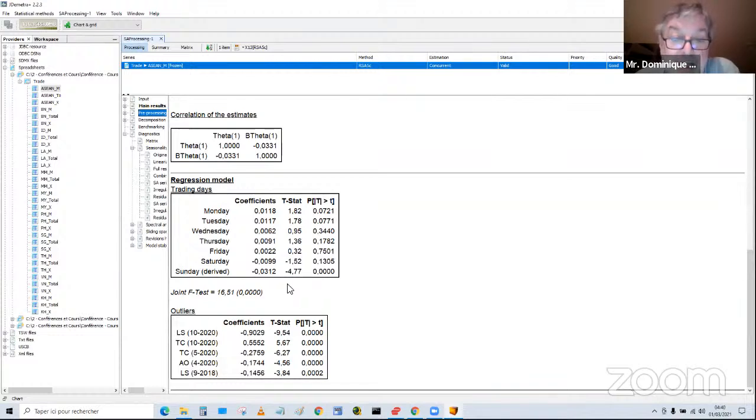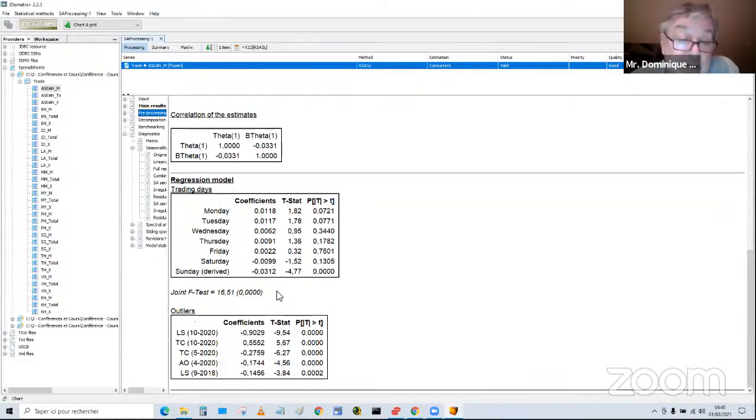So you cannot remove Monday or Tuesday because your calendar effect is the effect of a complete set of days, okay? If one is significant, you should take everything. You cannot remove it. And you can see that you have here a joint test, which is significant itself. And this one tells you that the global set of regressors is significant. So it's complex. I understand this is not easy to accept.